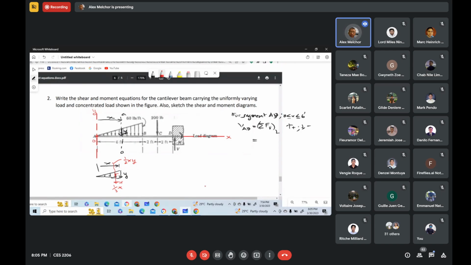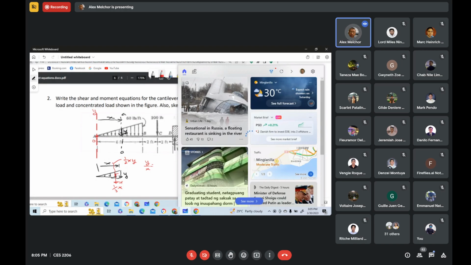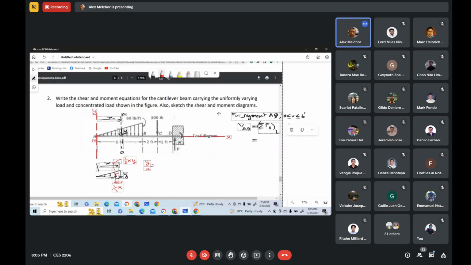By ratio and proportion, y over x, where that distance is x, is equal to 60 over 6. So y therefore equals 10x.